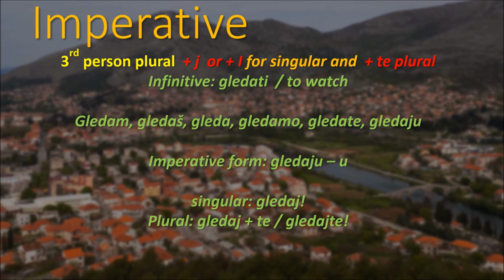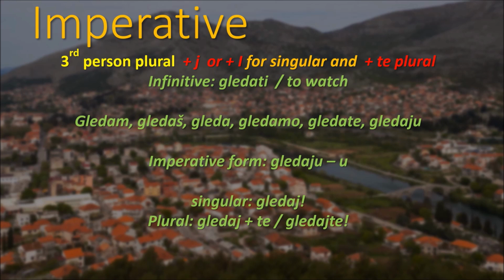So it is gledam, I watch, gledaš, you watch, gleda, he or she or it watches, gledamo, we watch, gledate, you formal or you guys watch. And the last one is gledaju, they are watching.